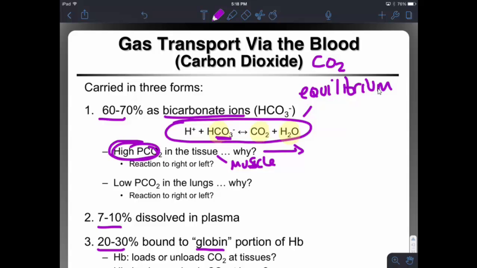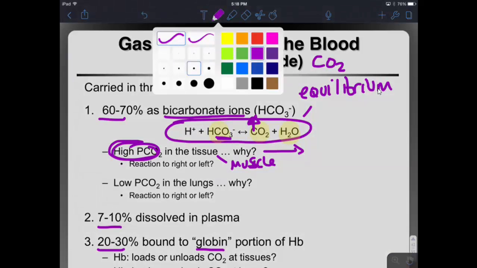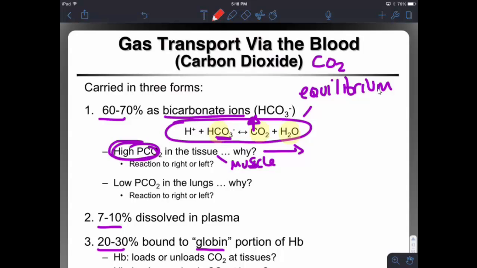If PCO2 is high, in order to re-equilibrate, this reaction is going to shift to the left, to get rid of some of that CO2. And when we look in the lungs, we see that the PCO2 in the lungs is relatively low. Why? Because in the lungs, we're getting rid of CO2. We're exhaling CO2.